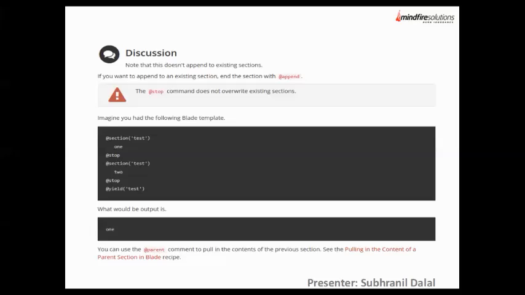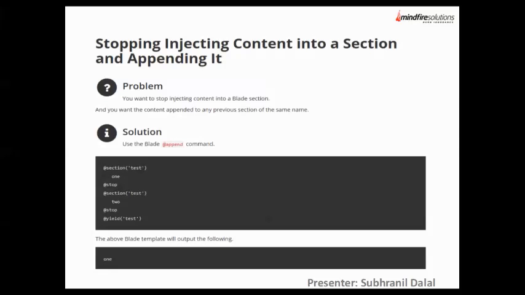If you use the parent command, all the sections with the same name will come together. Let's see an example. The parent section will come later, but first let's see how you can append. Suppose you have a section with some content, but you want to add more content to the same section. You can see I have a section called test with 1, then again test with 2, and I yield test, and it just gives me an output of 1.